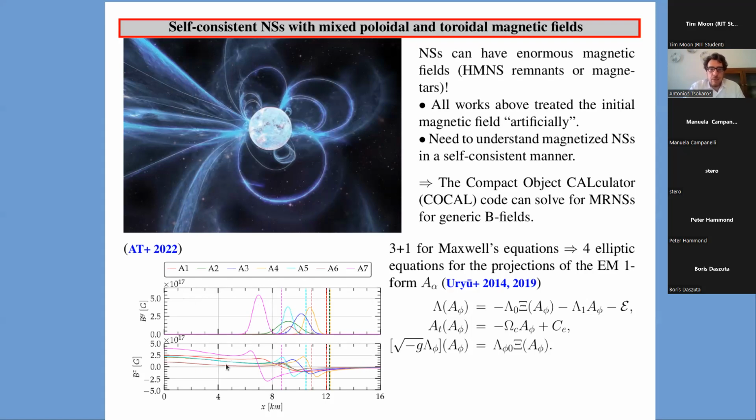And it's similar to the poloidal field on the bottom panel. In order to do that, we solve the 3+1 decomposed Maxwell equations together with the full set of Einstein equations, and we don't solve the conformal sandwich, but we use the waveless formulation to solve for essentially all the components, including the gamma ij's of the Einstein equations.